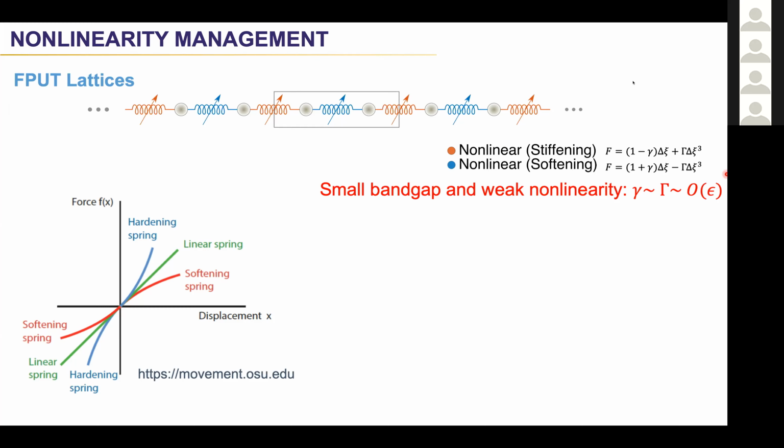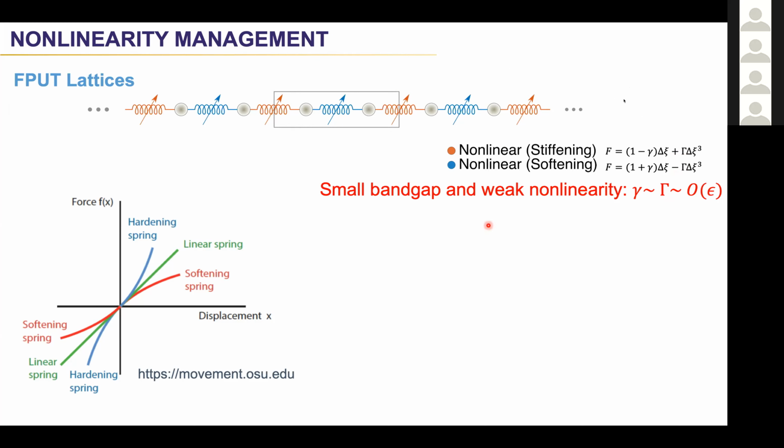But the key point here is that we use two different types of nonlinearity. So in one spring, this is a stiffening type, and the other spring is softening type. So one is a plus, one is minus. So stiffening is a hardening spring like that, and softening spring like that. And then we focus on small band gap and weak nonlinearity.